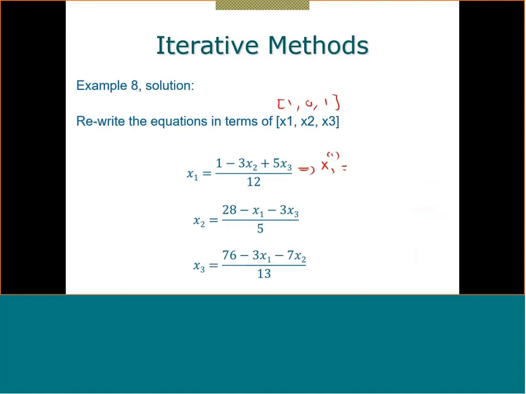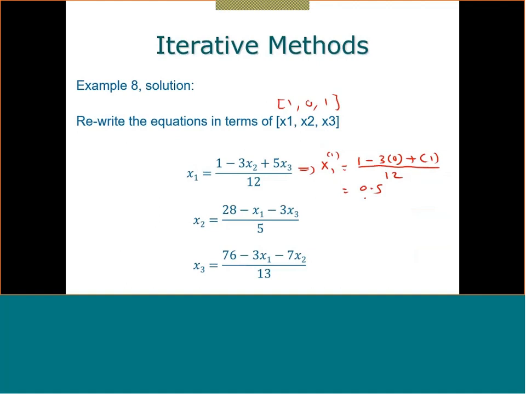So x1 is equal to 1 minus 3 times x2. What is x2? This is x1, this is x2. So this is times 0, plus 5x3. x3 is 1, divided by 12. Now, regardless of whether I use the Jacobi method or the Gauss-Seidel method, it doesn't really matter.